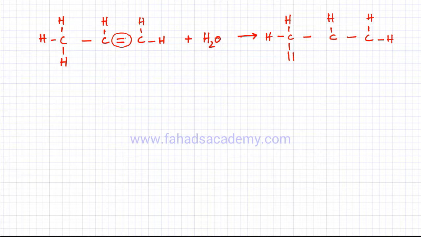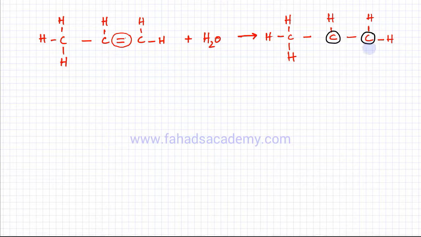And now I'm completing the diagram. Now these two carbon atoms over here, their bonds are no longer complete. So the water molecule is going to split up, and H is going to get attached to one carbon atom and OH is going to get attached to the other carbon atom. Now which carbon atom would H get attached to?